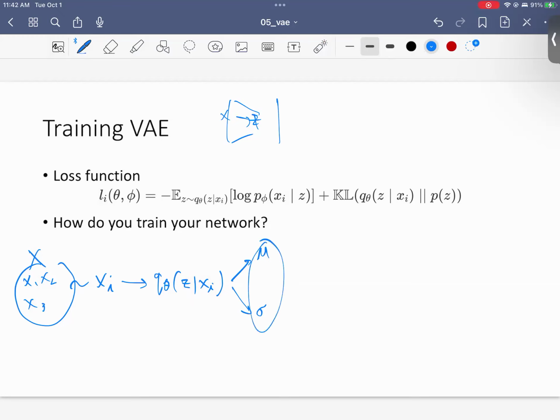Based on mu and sigma, the parameters of the Gaussian distribution, we can sample a new z, which we call zi. Then you plug zi into your decoder, x given zi, and the decoder gives you back xi prime.